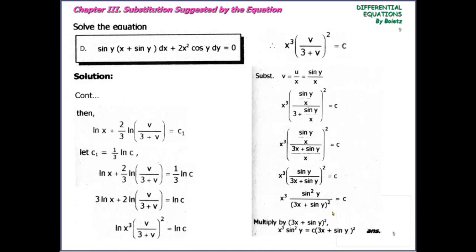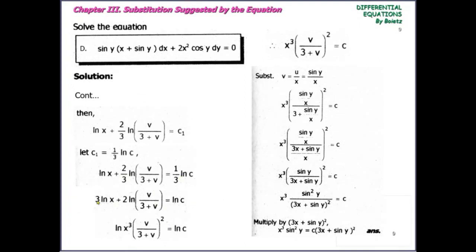Then we simplify. Multiply by 3. It becomes 3 ln of x plus 2 ln of (b over 3 plus b) equals ln of c.